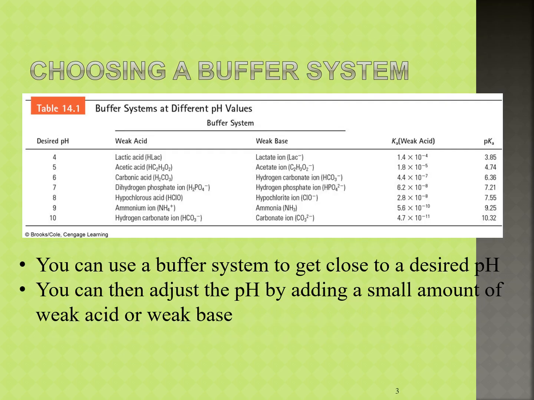So when we choose a buffer system, we're going to look at the buffer system itself, which is the weak acid and its conjugate base sitting there. And what we want to do is pick something with a pKa that is close to the desired pH.